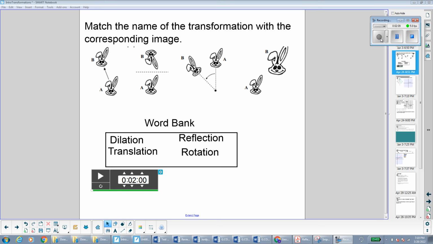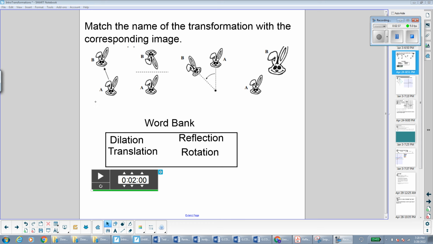Over here, take a look and try to guess which transformation each of the following images depicts. Use the word bank to help you. For the first image, we see that we are just sliding the image over to a new spot. Anytime the pre-image got to the image by sliding over, we have a translation.